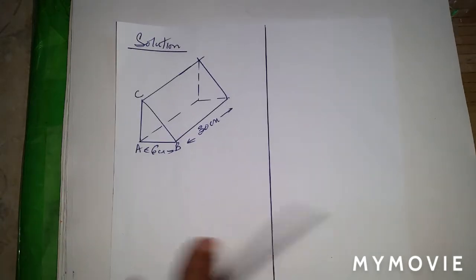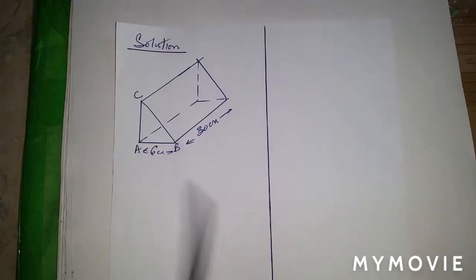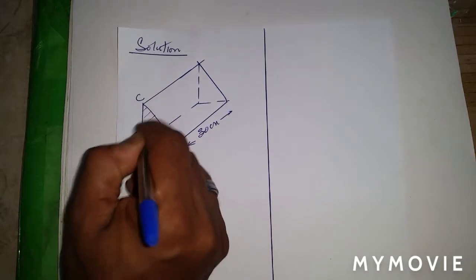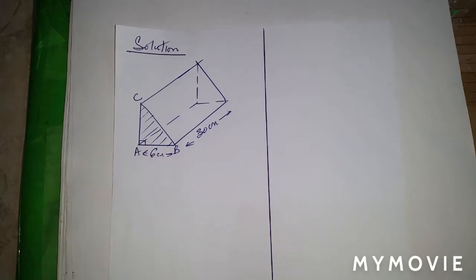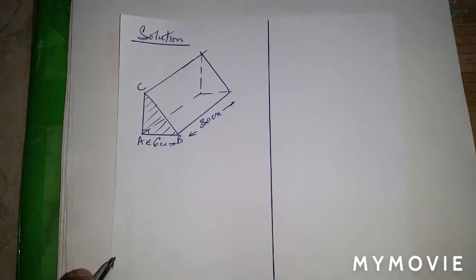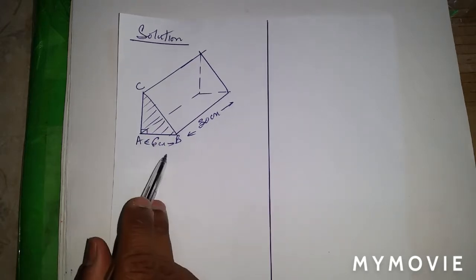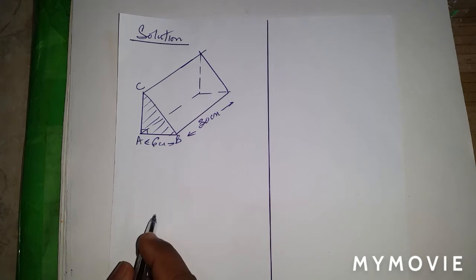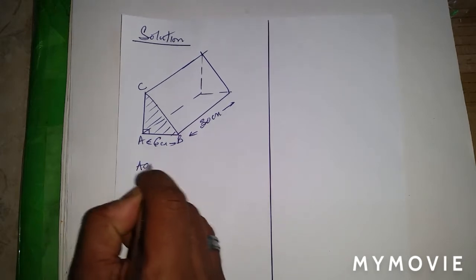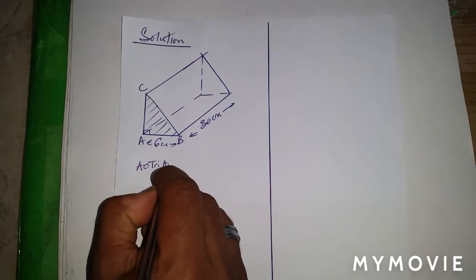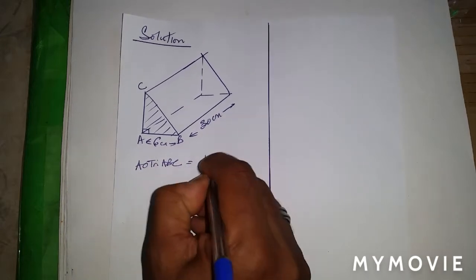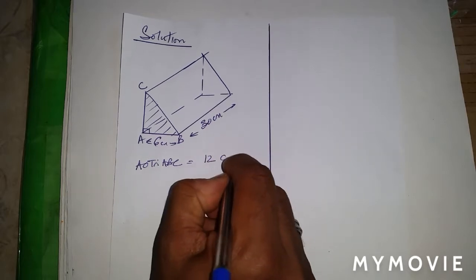Now they went even further to say the cross-sectional face is ABC, which means they're referring to the area of the triangle right here, and it's actually a right angle triangle. So you're told that the area of ABC, which is this right angle triangle, is 12 centimeters squared.